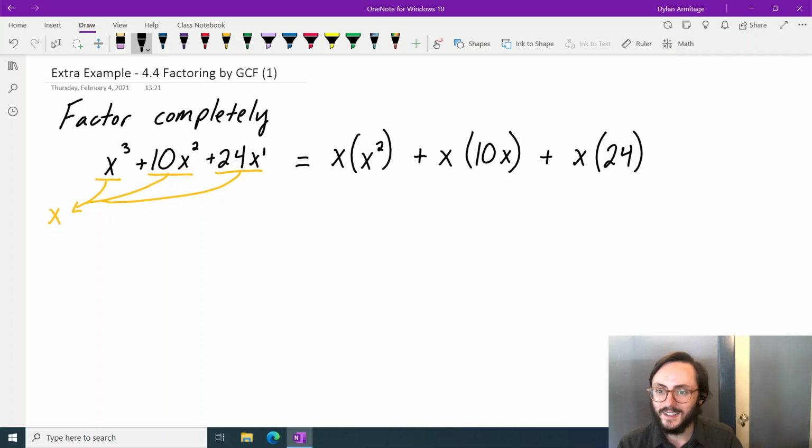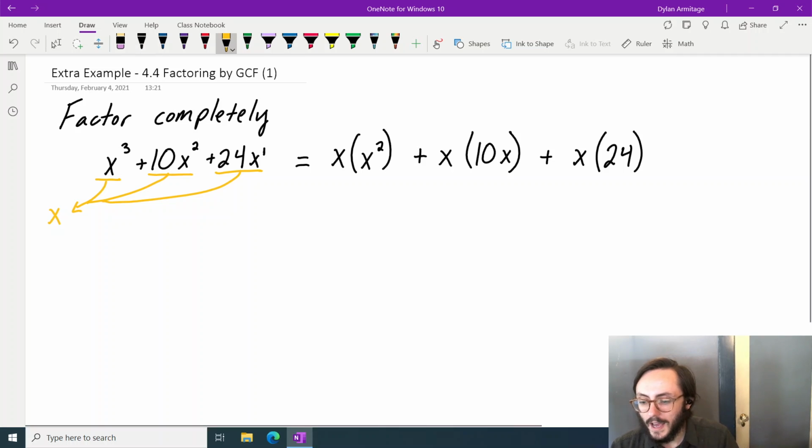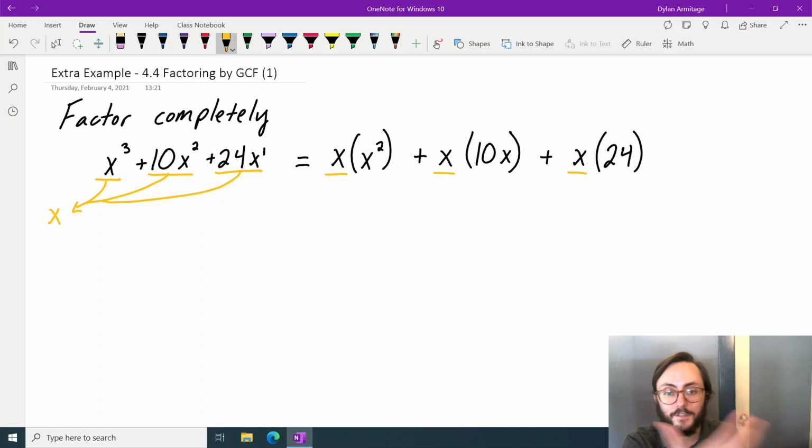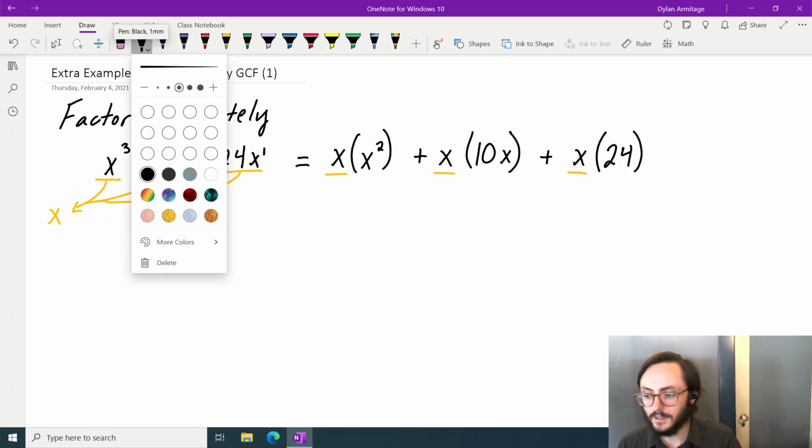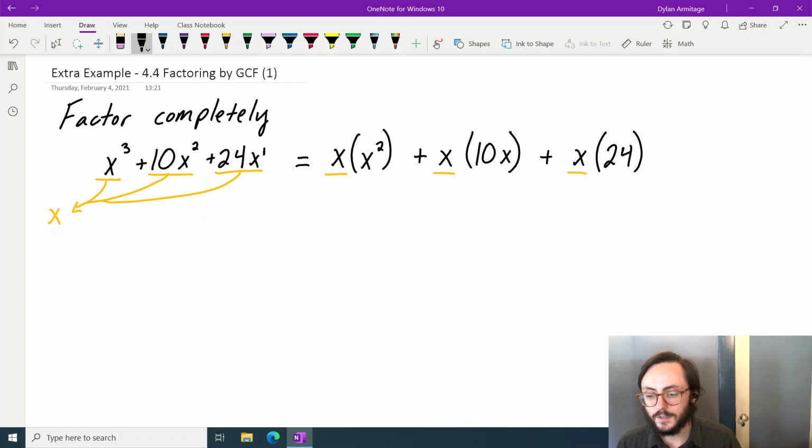Same thing. Now, since we have this x in all of them, we can factor that out. That x is a factor of all of these terms.